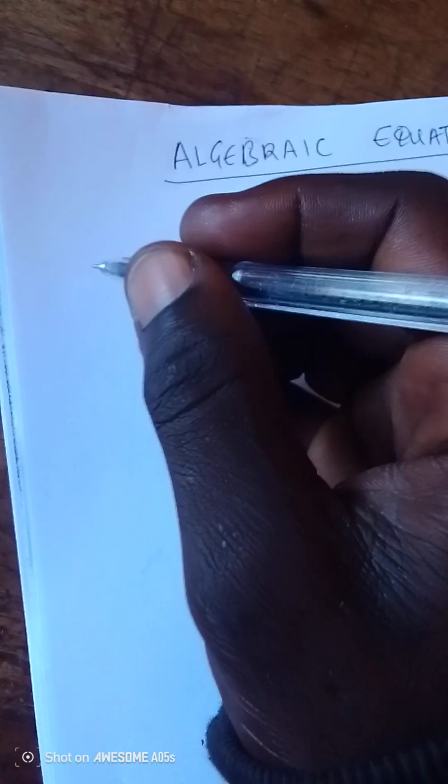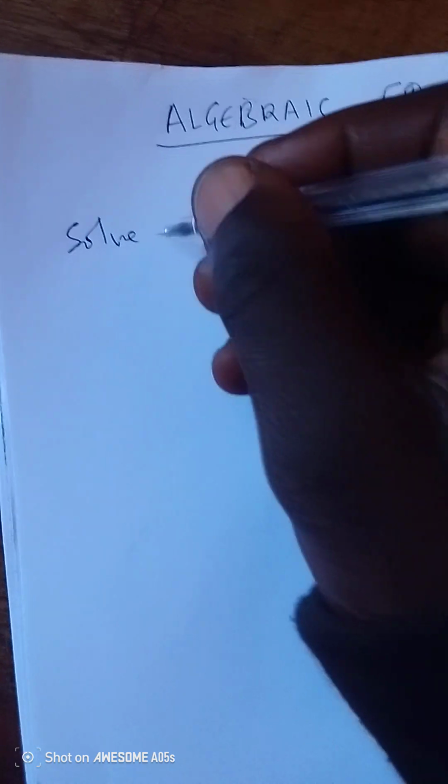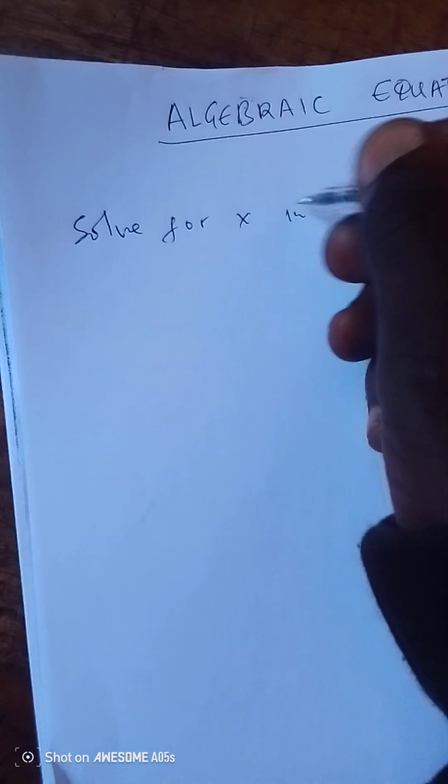When I talk about degree, I mean the highest power that exists in a given equation or in a given polynomial. So let me start with the first question. The first question is telling us to solve for x in the following.